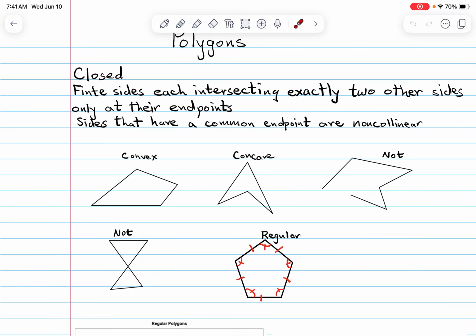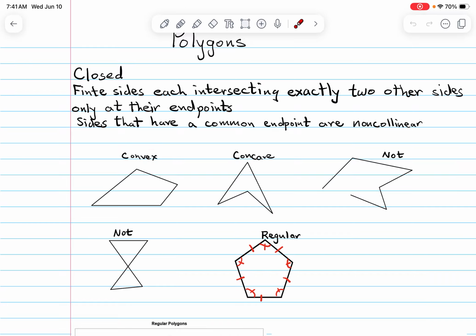Now, we classify these polygons. We have convex polygons, which are like this one, in contrast to concave polygons, which are like this one. We're going to primarily study convex polygons.